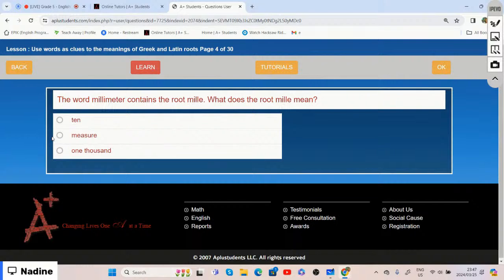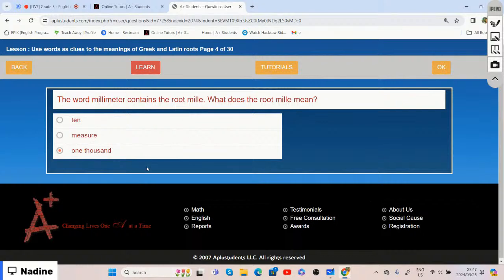Yes, so if you look at the word millennium, it also has the root milli. Millennium is to do with how many years? All right, so we said it's to do with 1,000.